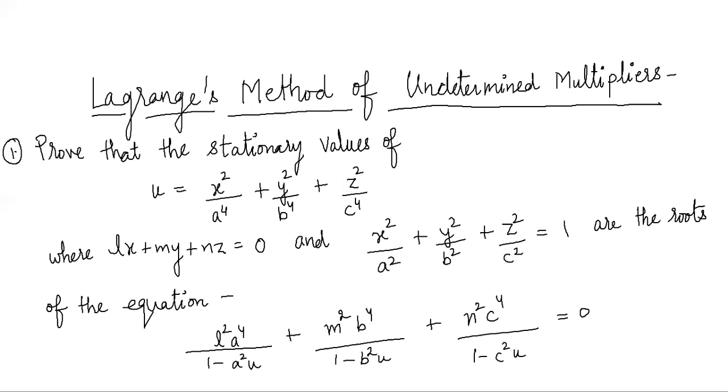We will consider two multipliers here, and we have to derive this equation. We have to show that the stationary values are the roots of this equation. So somehow we have to derive this equation which is given in this slide. So let us start this problem.